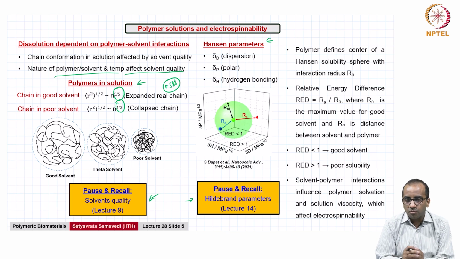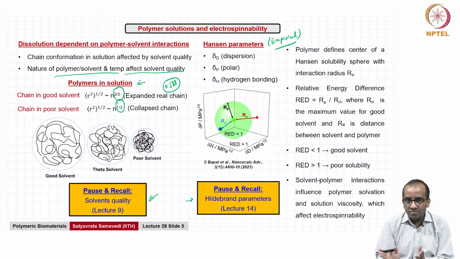It cannot account for polar interactions, it cannot account for hydrogen bonding, etc. And that has its own limitations. But if you now look at Hansen solubility parameters, which is largely an empirical approach, and that's something that you have to keep in mind, Hansen is primarily empirical, right?